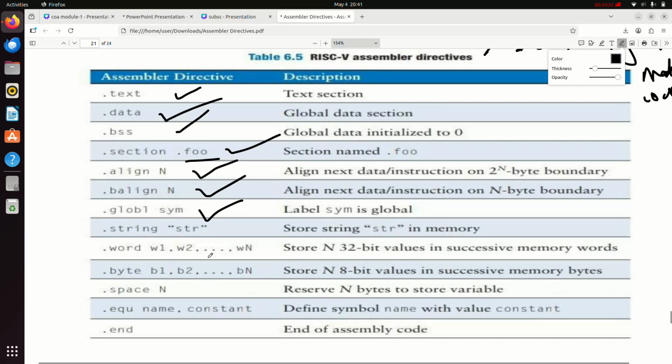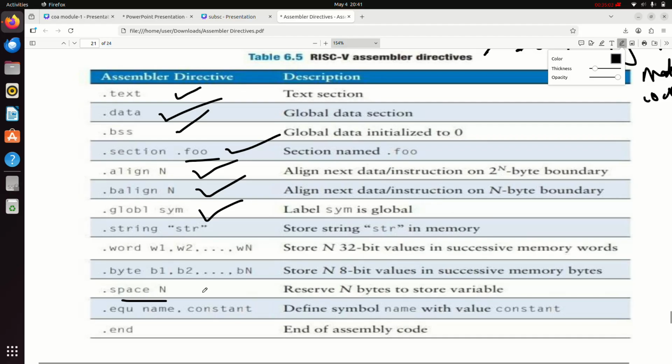Now .word means what? I am storing n 32-bit values in successive memory words, w1, w2, like that. I am storing words here. .byte means what? I am storing 8-bit values here. .word means I am storing 32-bit values here. .space n means reserve n bytes to store a variable.